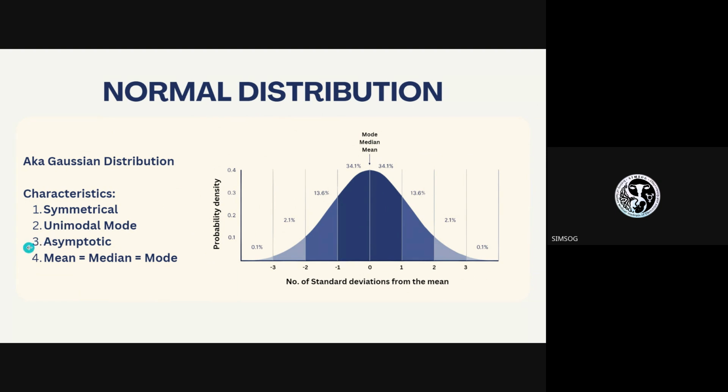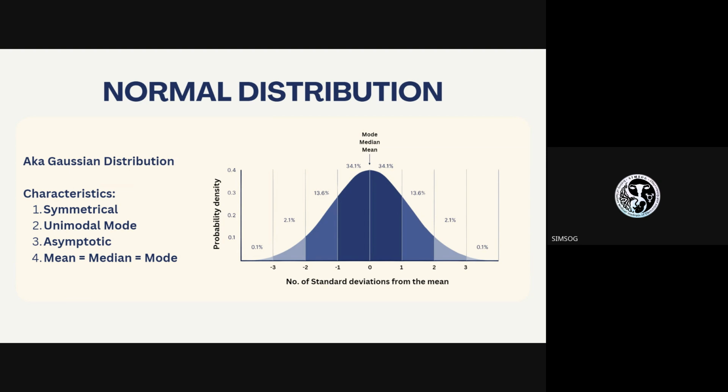Also, it is asymptotic on both ends. That is, the two ends never touch the x-axis. That is, you can never say with confidence that some value will not be found. There is always a slight possibility that any of the values which are possible, theoretically, can exist in the real world as well.